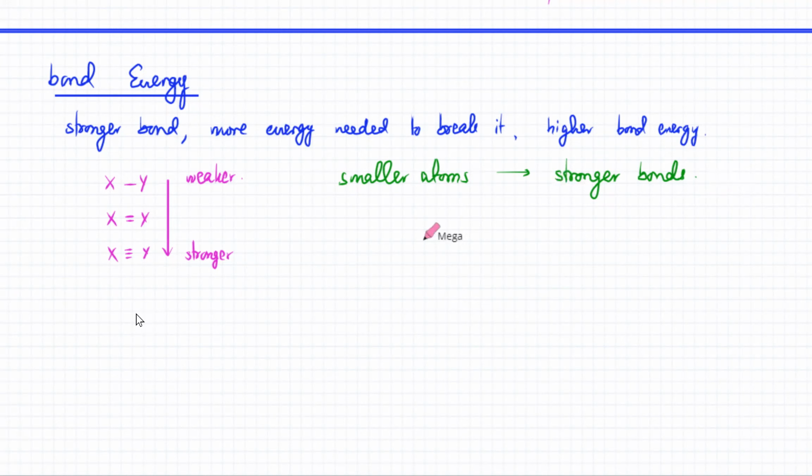But as a rule of thumb, remember this, and this always happens, no matter what type of bond. Over here we're basically talking about covalent molecules. Bigger atoms are further away from each other, which is why they always form weaker bonds.